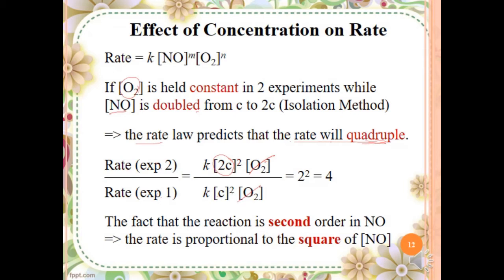This is 2C squared and 1C squared, so we can cross out one of it, leaving behind 2 to the power of 2. 2 to the power of 2 means 4. So quadruple. So this comes from 2 to the power of 2. So that's why the order is 2.